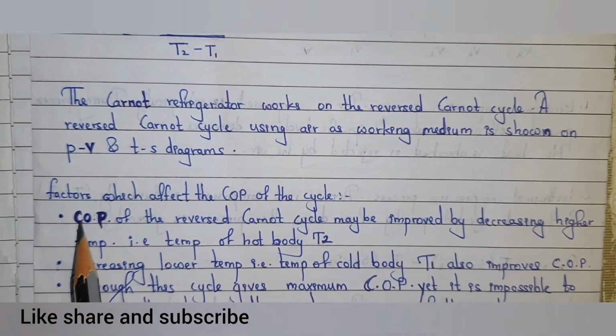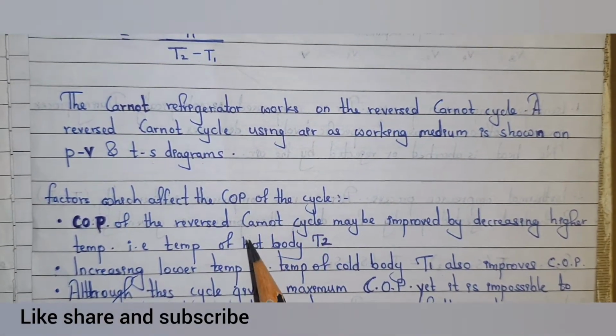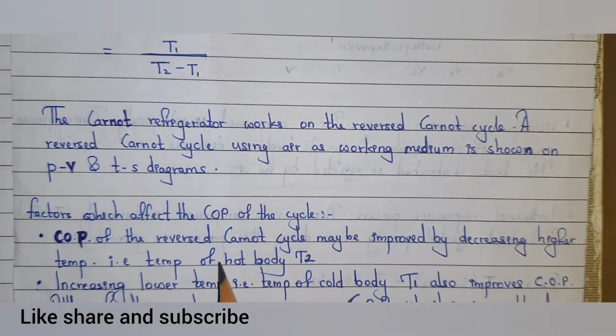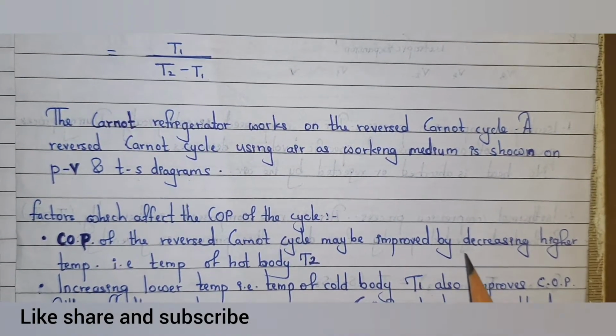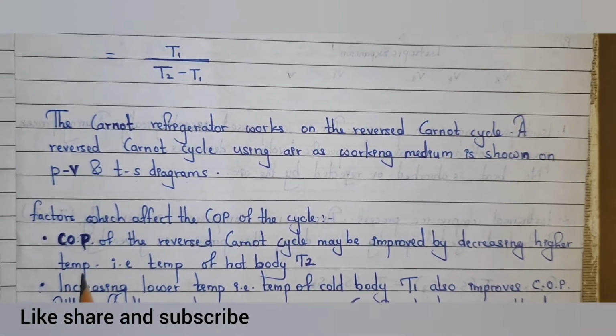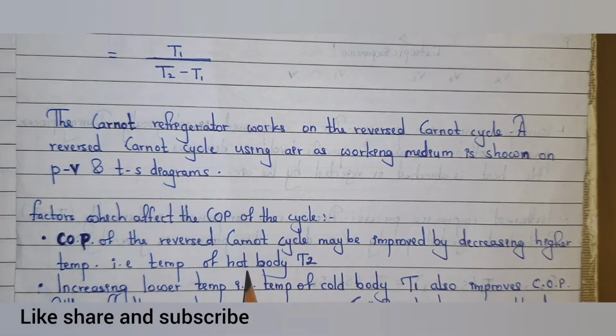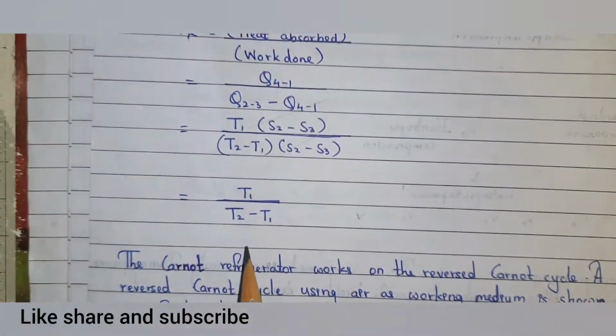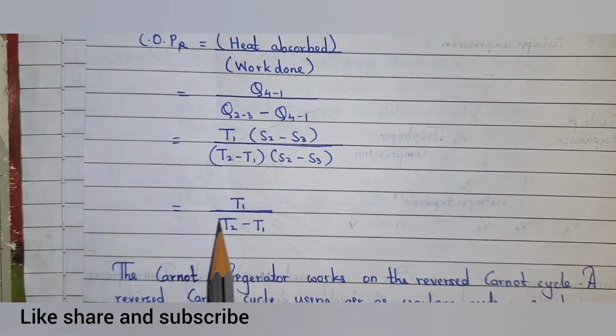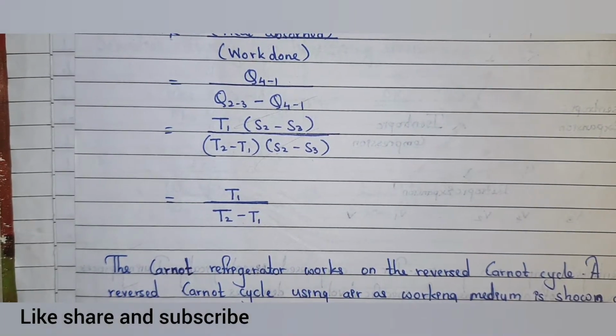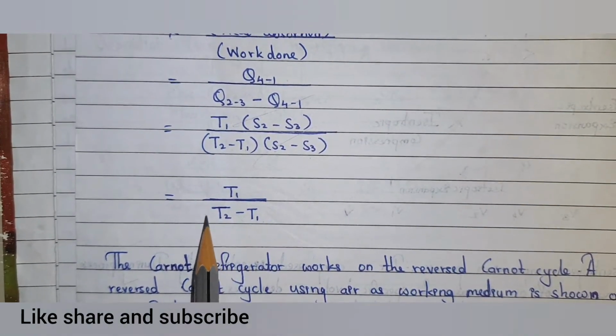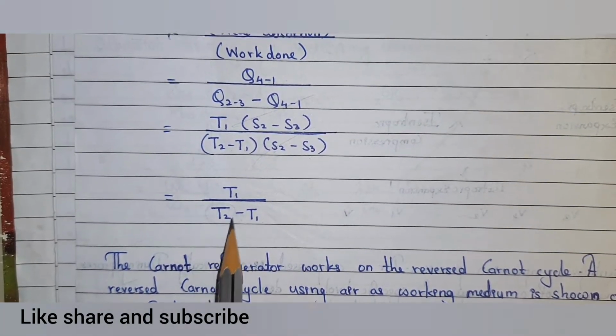Now, factors which affect the COP of the cycle. The COP of the reverse Carnot cycle may be improved by decreasing the higher temperature, that is the temperature of the hot body, T2. Here COP can be increased by decreasing this T2 value.